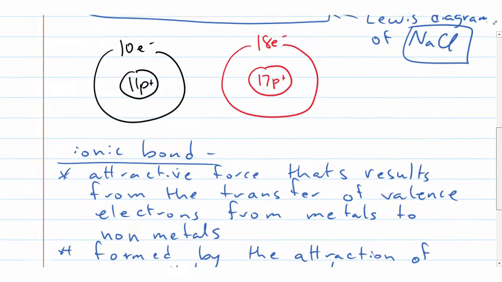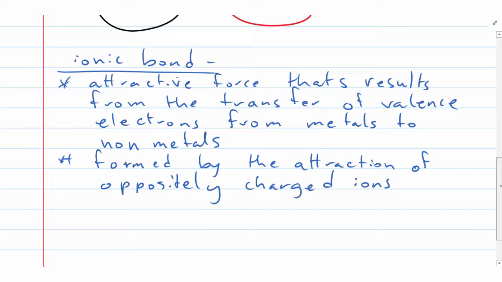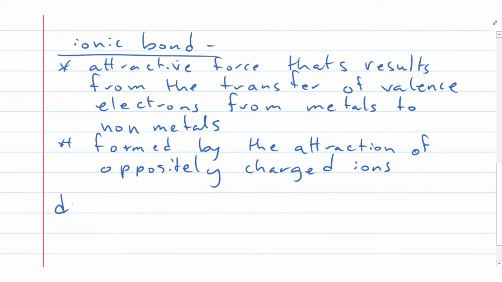Now, while most of the elements conform to the octet rule, there are 3 elements that are going to conform to the duet rule. And of course, the word duet means 2. The elements that are going to conform to the duet rule are these 3 elements here: hydrogen, lithium, and beryllium.